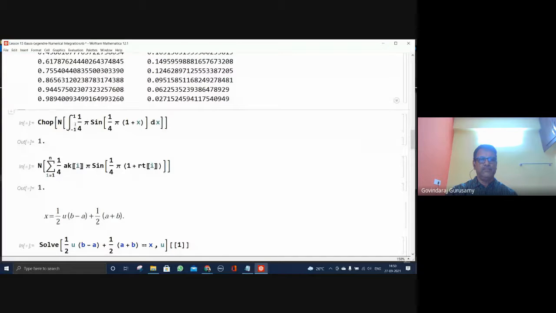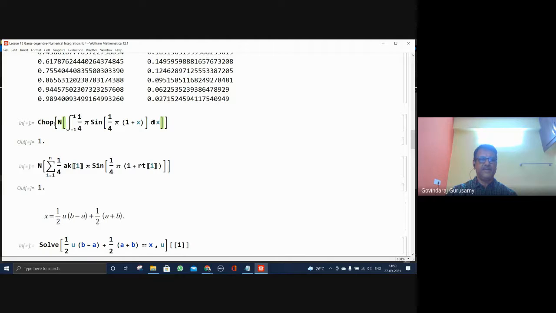Now this is being integrated as it is by using the Mathematica statements, and numerically we have evaluated (1/4)π sin((1/4)π(1+x)), integrated from -1 to +1. The definite integral.